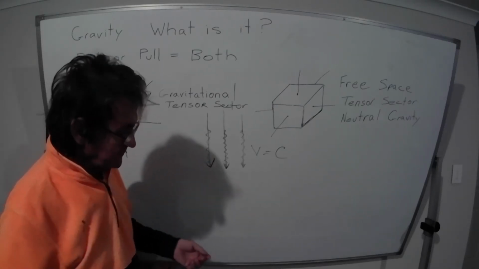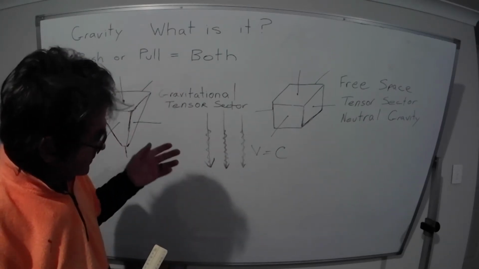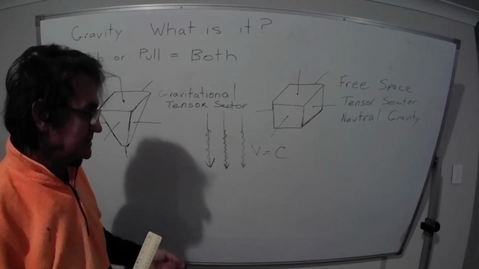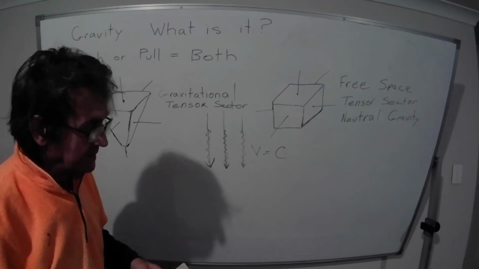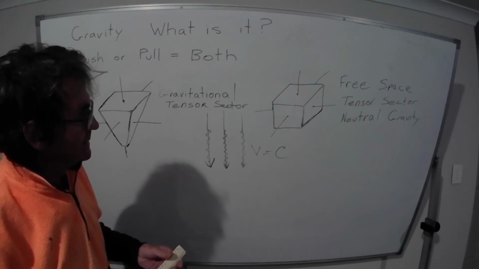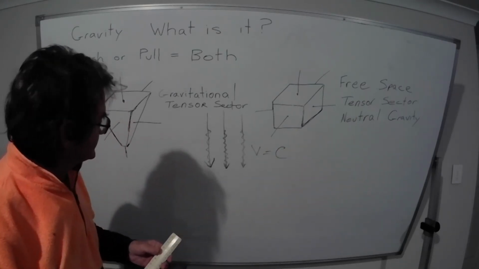If you're accelerating at 9.8 meters per second squared, it will just feel like you're standing on Earth. So it actually creates an artificial gravity until you get into the hypercruise mode, and then you'll go into neutral gravity, weightlessness, that sort of thing.